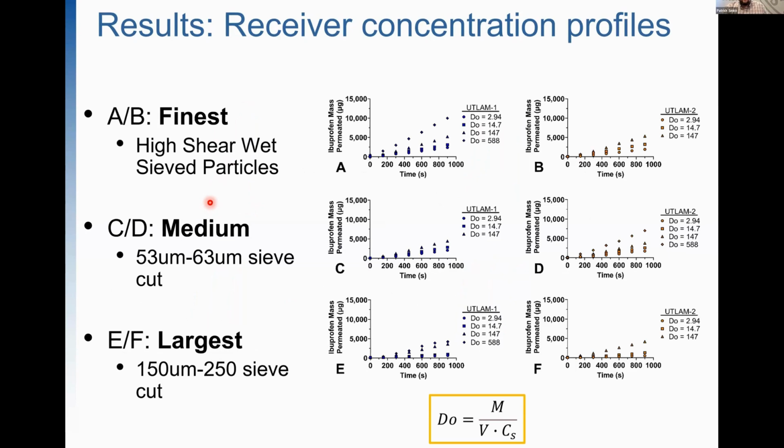So here we look at the receiver concentration profiles for the dissolution permeation experiments for ibuprofen in our new diffusion cell. And we can notice a few things. We have cell number 1 and cell number 2. I created two cells so that we could have at least some device effect involved here.